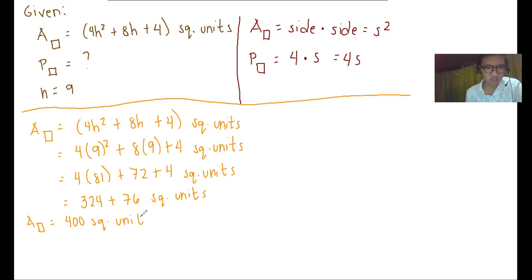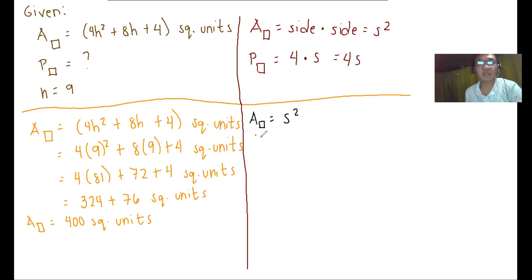So going back to the formula for the area, the area of a square is s squared. We already solved the area of the given square, which is 400. So 400 equals s squared. I said earlier, we need to get the value of s so that we can solve for the perimeter.